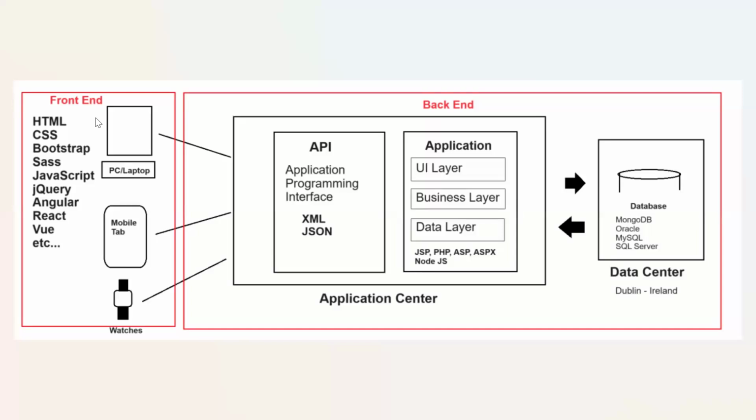So where is the data present? In the data center, in database software. How does the data come? Through the application center. The application center has an application, designed using Java, .NET, PHP, Python, Node.js and others. We communicate with it, get the data and convert it into which format?